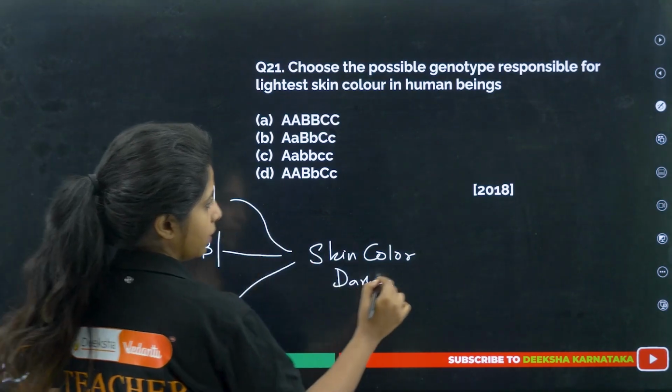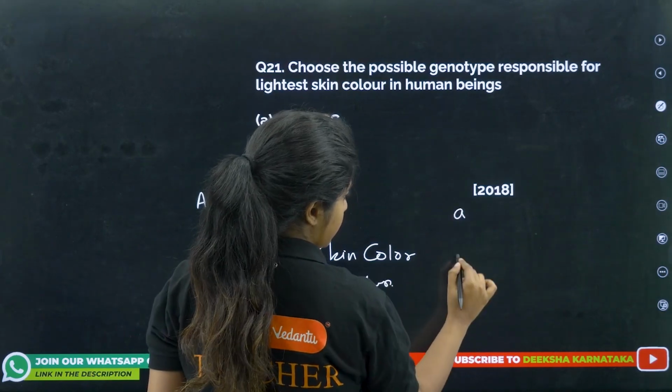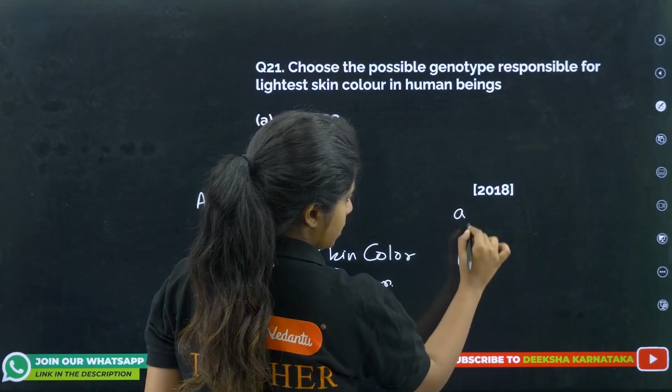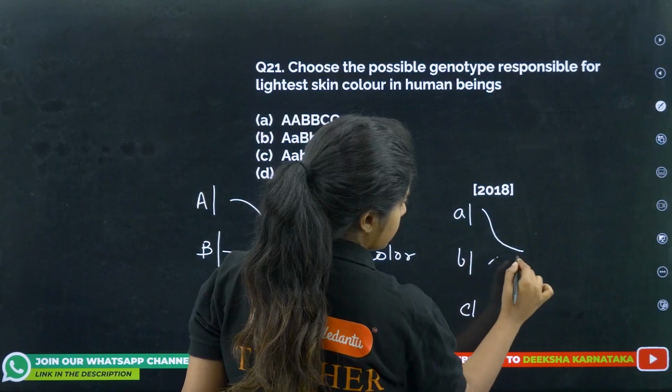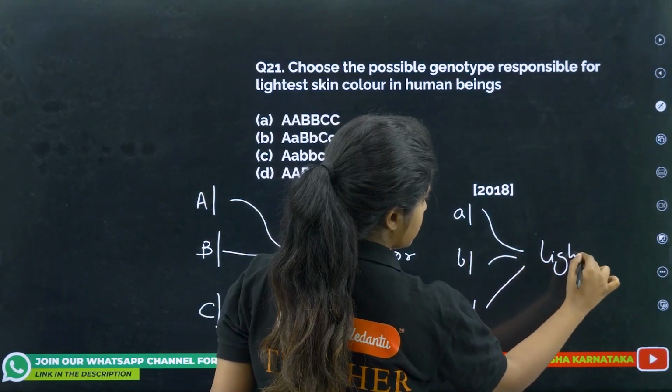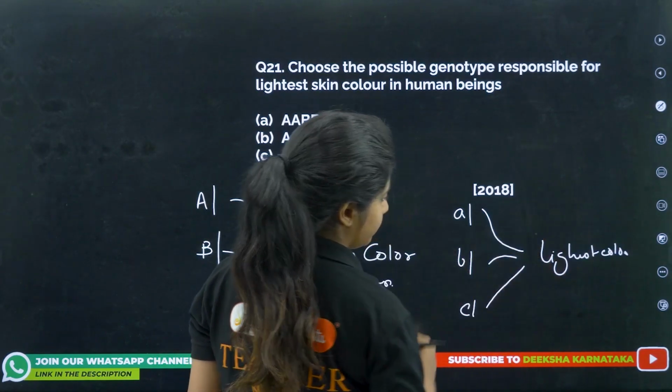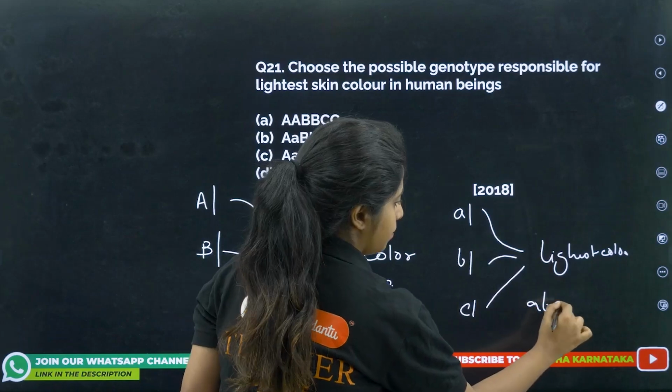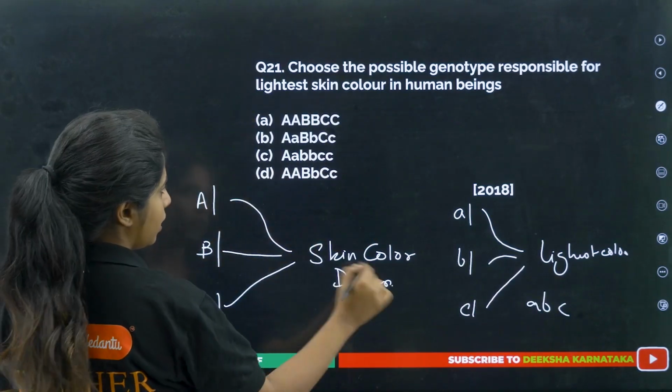Now suppose small a is there, small b is there, small c is there, it will be giving the lightest color. So it is a, b and c like this, not like this.